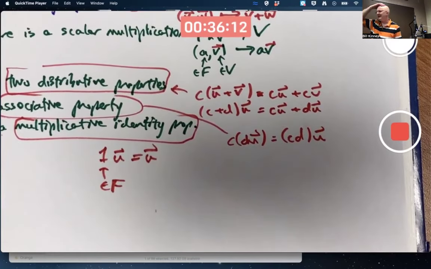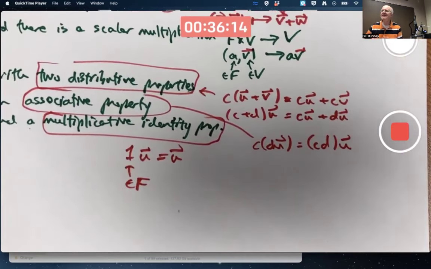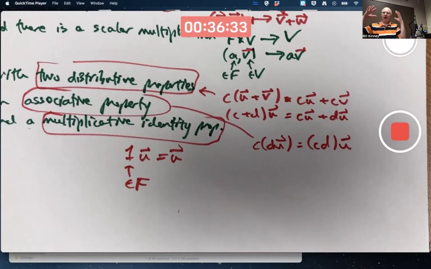Why do we make abstract definitions like this? Because we see lots of examples where they hold. That's what abstract math is about, unifying lots of different examples. There are infinitely many examples of vector spaces out there. We'd like to unify them in one theory, both for conceptual coherence and for efficiency of proof. If you can prove something in the abstract, then you've proved it for those infinitely many examples.